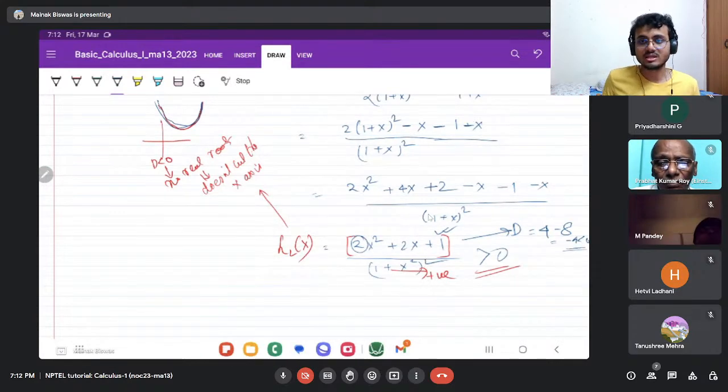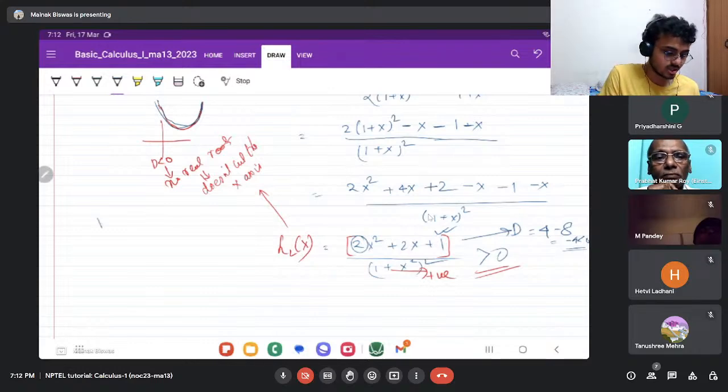So since the discriminant is less than 0, the quadratic is always positive, above the x-axis. Whenever you want to check if a quadratic is positive, you just take the discriminant. If the discriminant is 0, then you have one root.